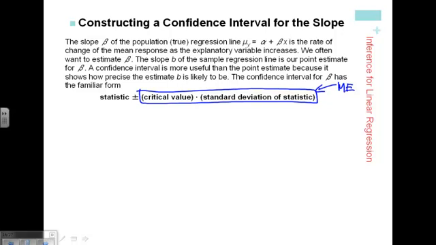If I want to get an estimate of beta, the true slope of the regression relationship, I'm going to take my best guess at what beta is. And it is a statistic. But what statistic in this particular case? What statistic is an estimator of beta?